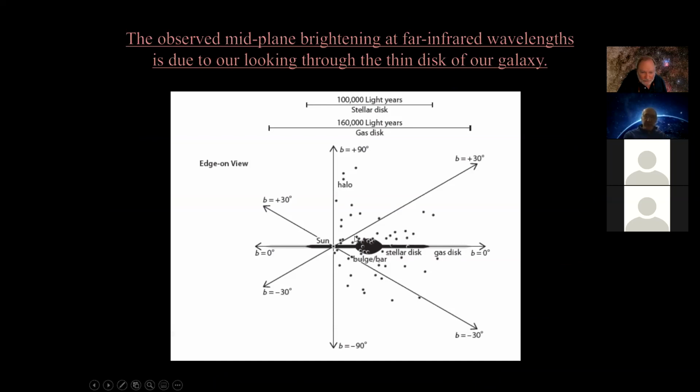As you look off the galactic plane, you're seeing less and less material. And in fact, you're probably probing a much smaller piece of the disk. These objects right here are star clusters. So as far as the gas and the dust in the disk, you're probably just probing a small amount. And so that's why you see less and less emission compared to if you were looking in this direction.